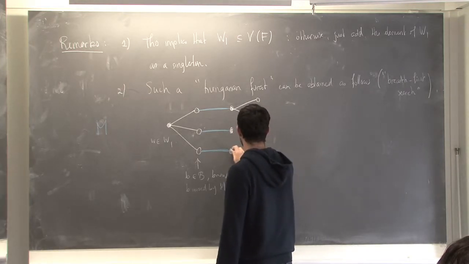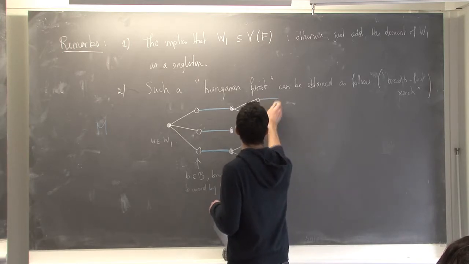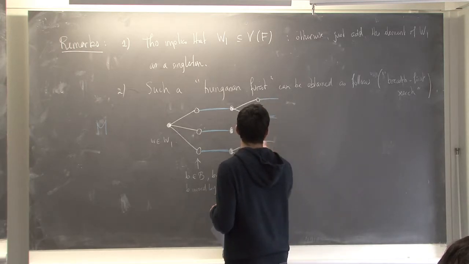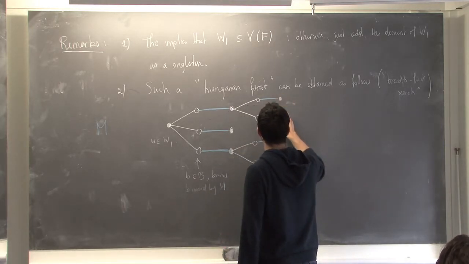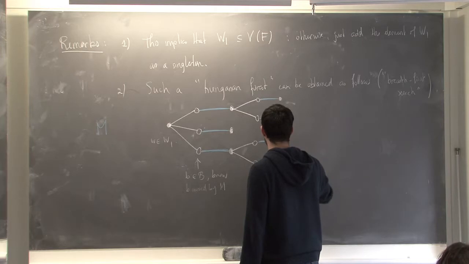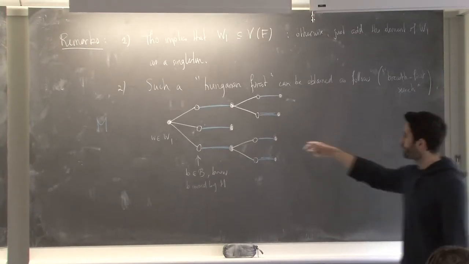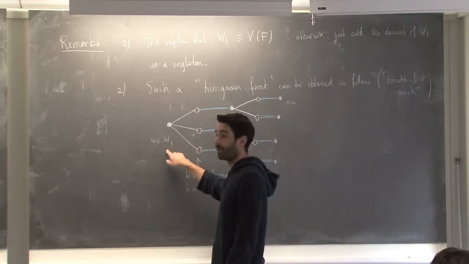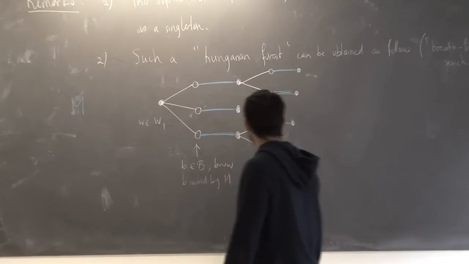Maybe here I have two more. Okay? And you just do this for every white vertex not covered. Right?